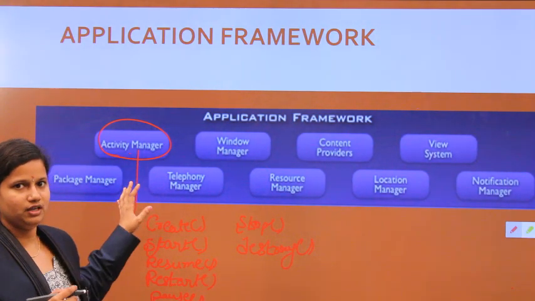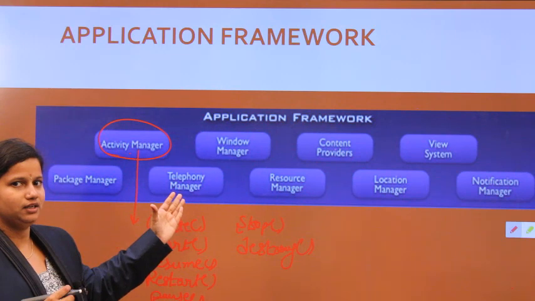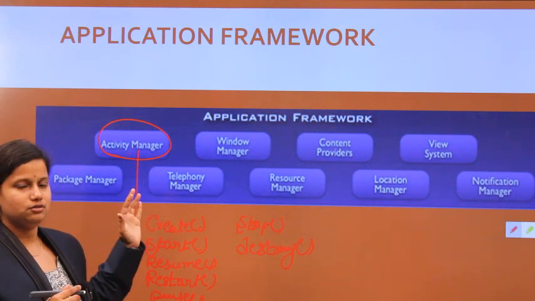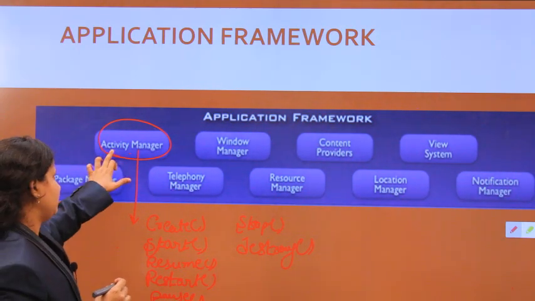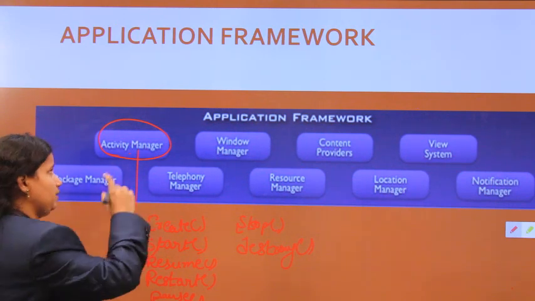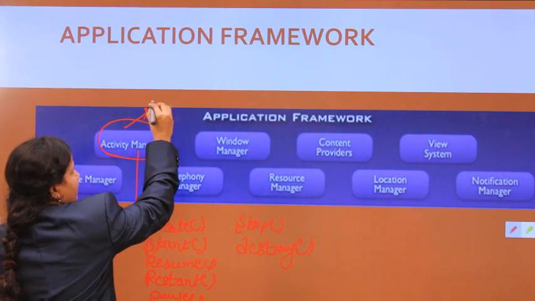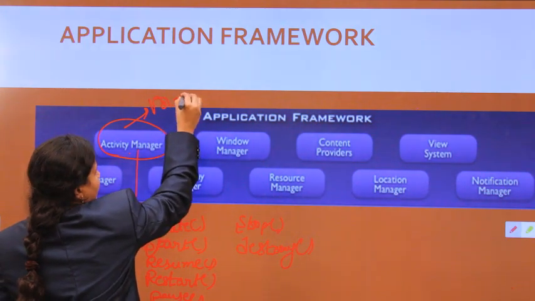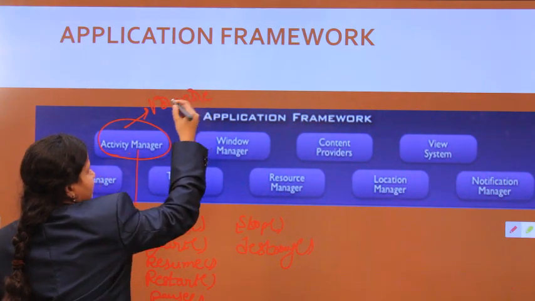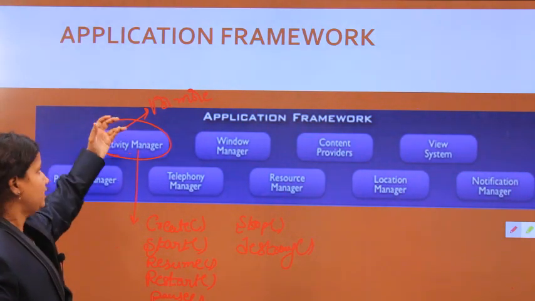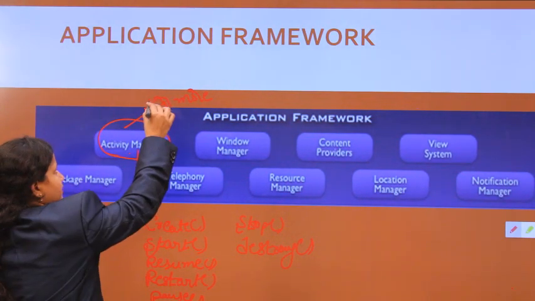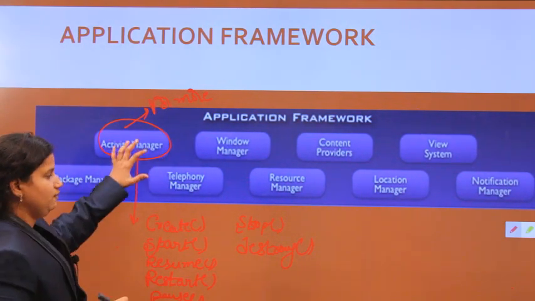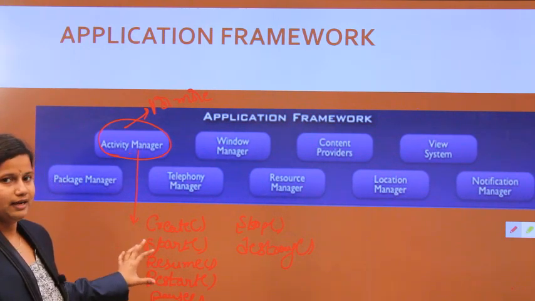So what is the activity? Any application, what is the user interface of your design? That user interface is called one activity. To develop any application, it contains at least one activity. So a collection of one or more activities is called one application. In that application, your present activity is in which state in your life cycle?